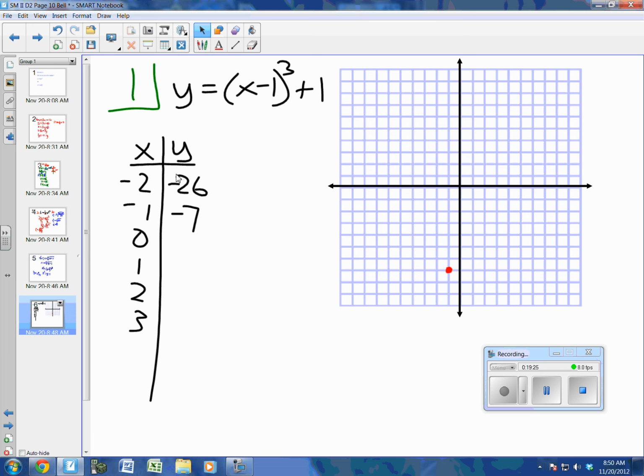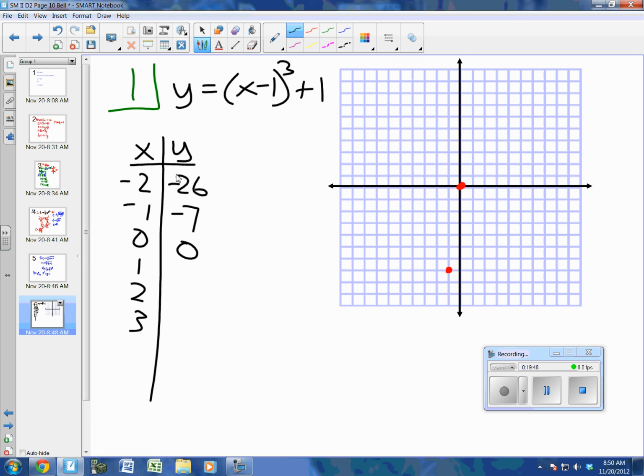Okay. Now I can put 0 in. 0 minus 1 is not 0. -1 cubed is -1. Plus 1 is 0. So we can graph 0, 0.